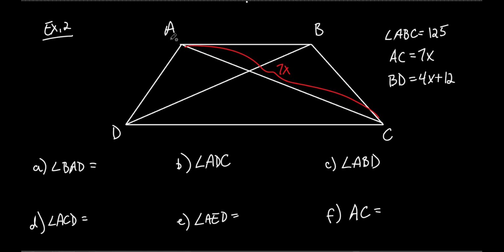Angle ABC is that whole big angle B right there, equals 125 degrees. BD is that whole thing right there, and it's 4x plus 12. Let's start there. There's only one question that asks for a length, so let's do that one first. Then I'll erase it to get rid of a lot of the stuff on the picture.